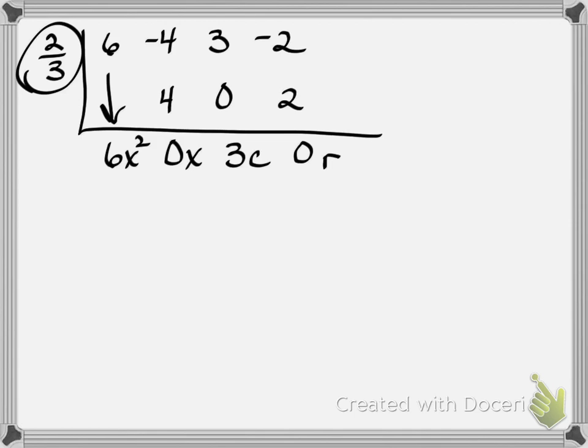So our function becomes x squared equals 0. Whoops. No, it doesn't. Our function becomes 6x squared plus 3 equals 0. And now we can solve this for x. Minus the 3 on both sides. Divide both sides by the 6.